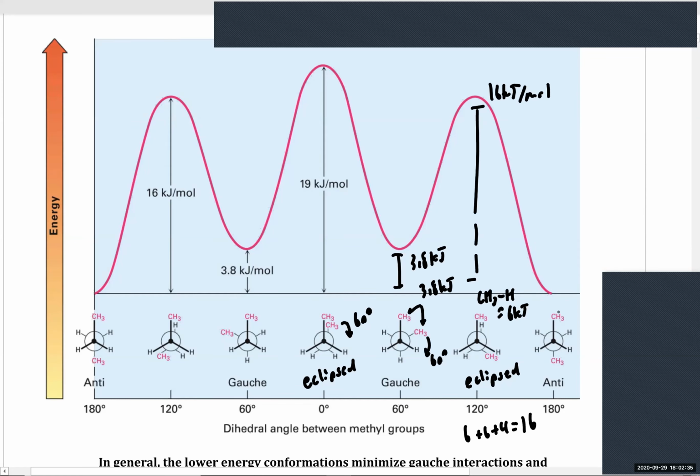And then we end up with an additional 60-degree rotation with the anti-conformation. I find it's easiest to make these dihedral energy diagrams looking at the dihedral angle separating our bulky substituents. Does this energy graph make sense? Does this make sense to everyone so far?